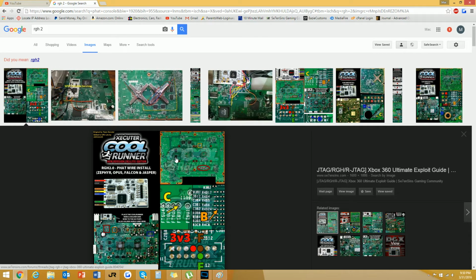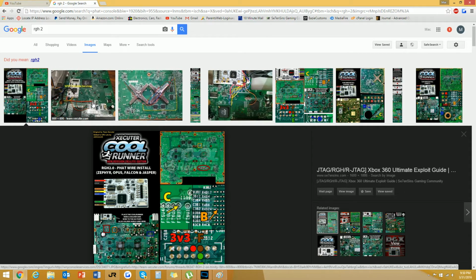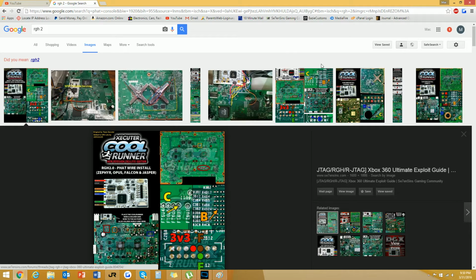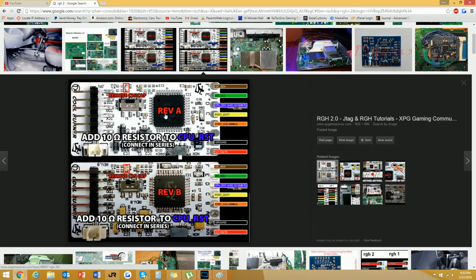Now, I know what you might be saying, well, no, you can now, because that is with the Cool Runner Rev C. There used to be Cool Runner Rev B and A, as you guys can see. There was a lot more to do on the Cool Runners A and B.